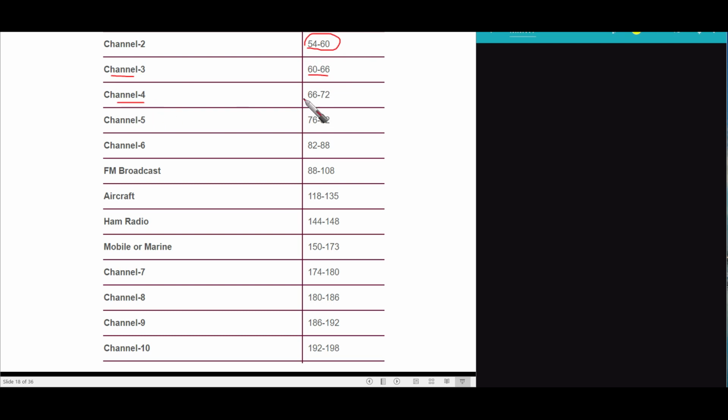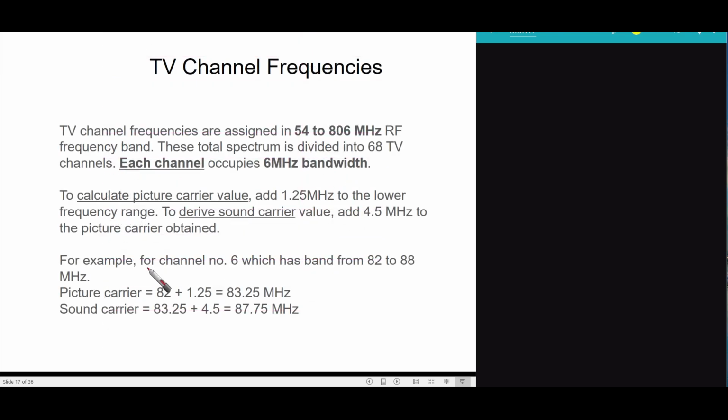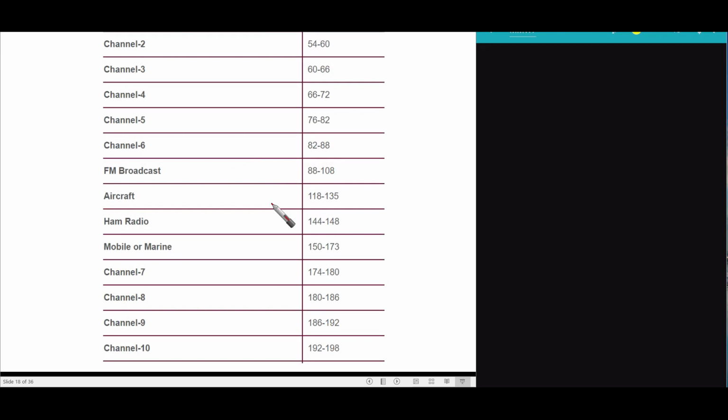Channel 4 is 66 to 72 megahertz. And in this way, for FM broadcast, the frequency is reserved from 88 to 108 megahertz. Okay, but whatever. Now let's go back. Let's say we will be using channel number 6. Channel number 6 is 82 to 88 megahertz.